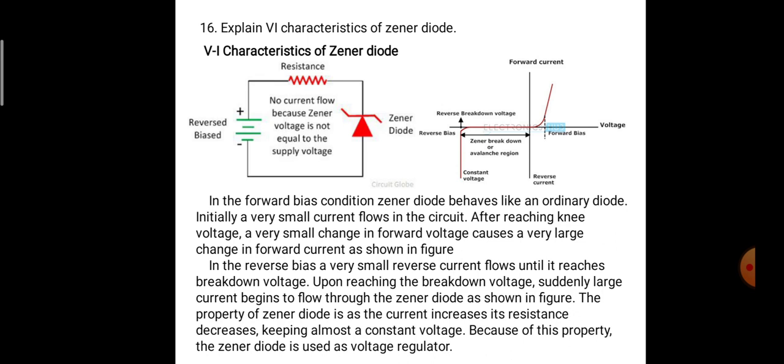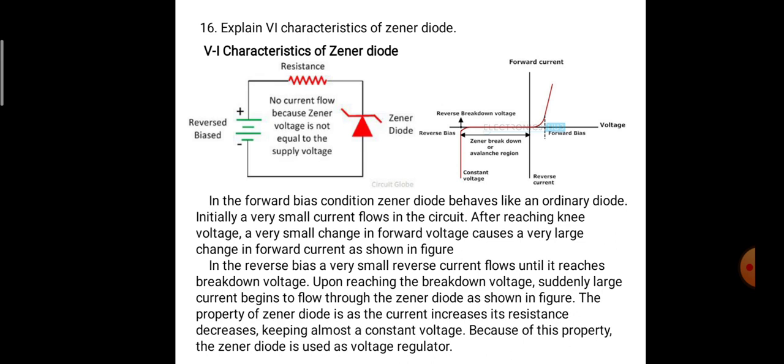The next question: explain VI characteristics of Zener diode. The figure shows the circuit diagram and characteristics. In the forward condition, a Zener diode behaves like an ordinary diode. Initially, a very small current flows in the circuit.